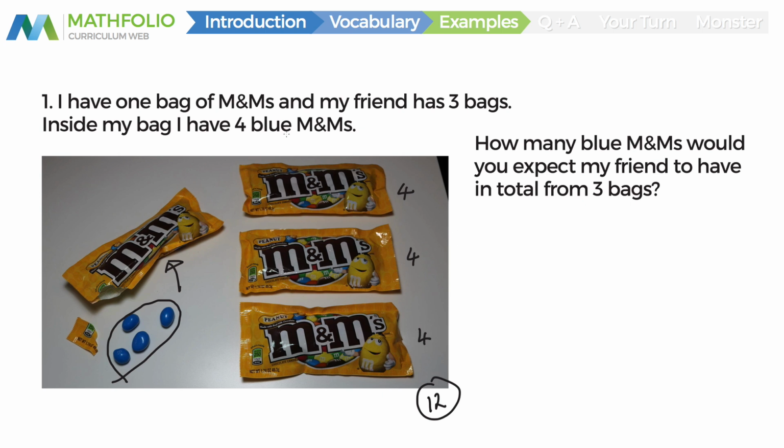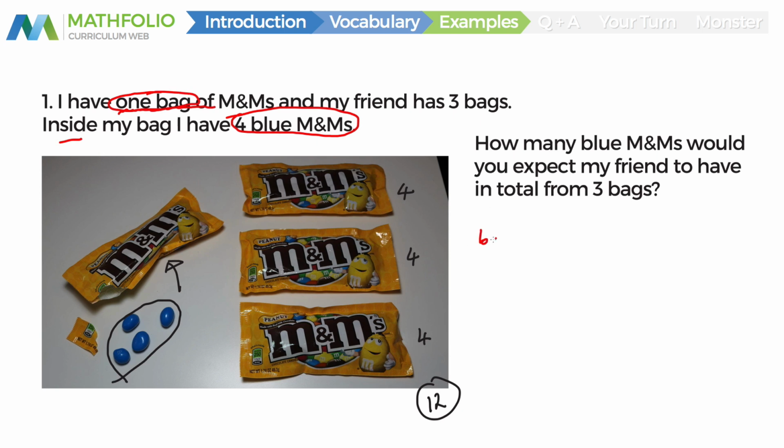First of all, we look in the question and we try and identify what comparison we have. So in this case, it says I have one bag, and inside my bag I have 4 blue M&Ms. So again, one bag yields 4 blue M&Ms.